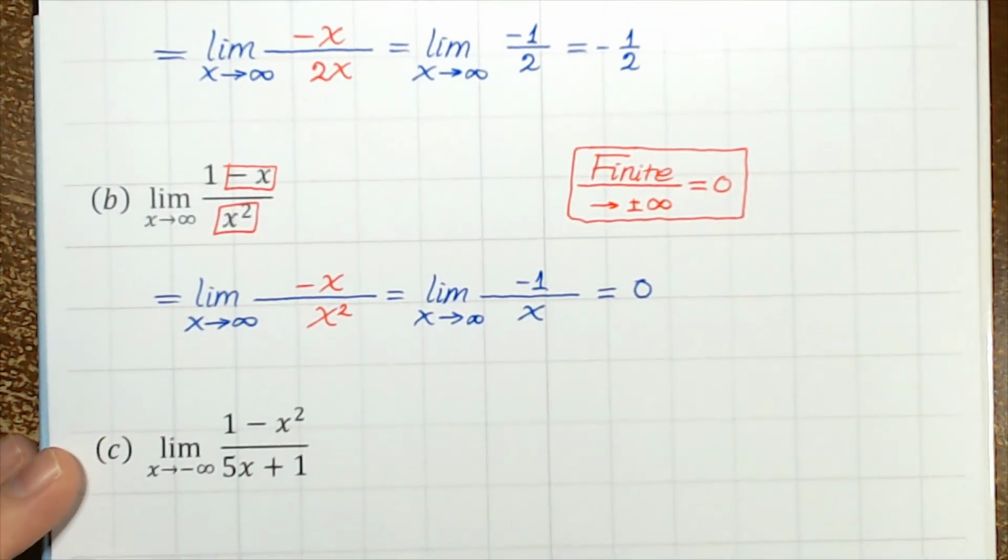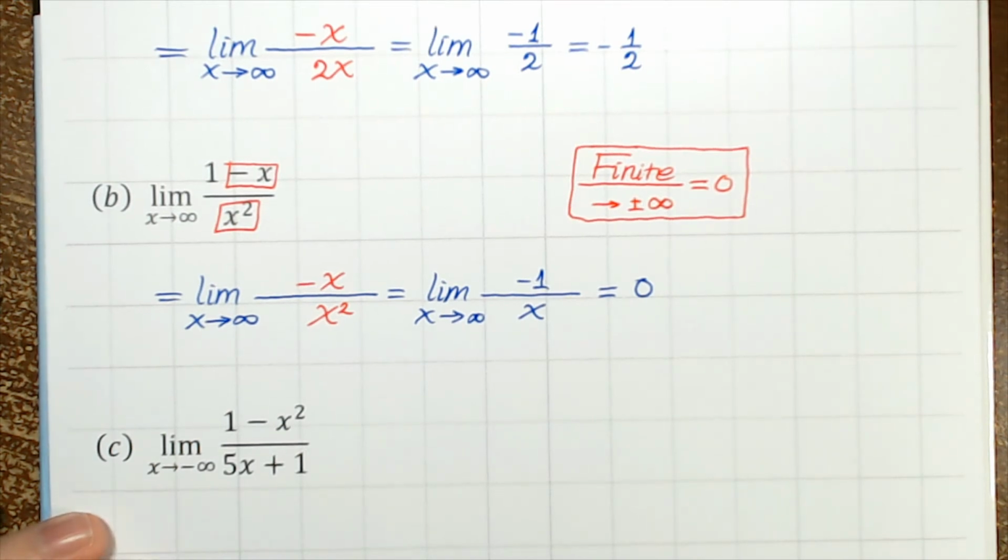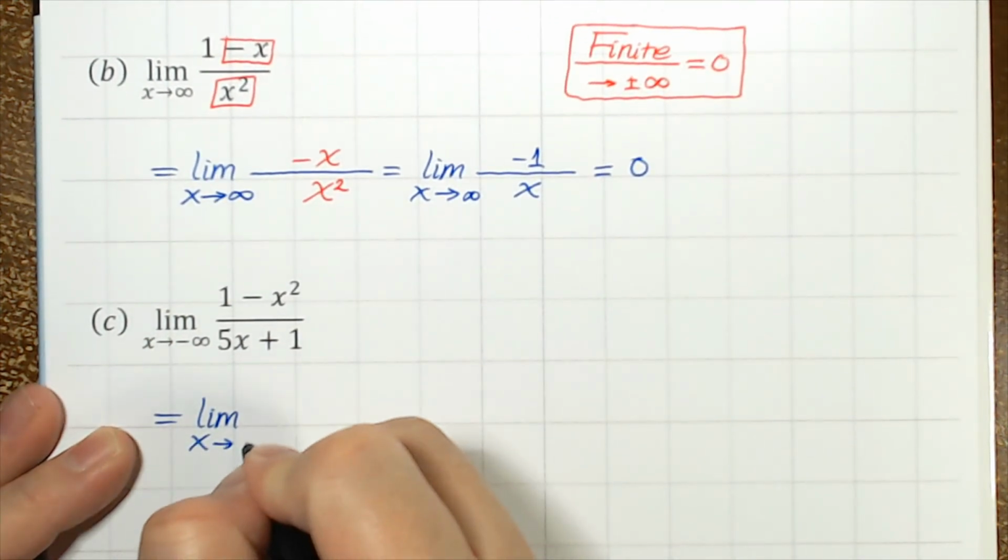Right. Next we have this problem. Once again, we take the term with the highest power on the top and then the highest power at the bottom.